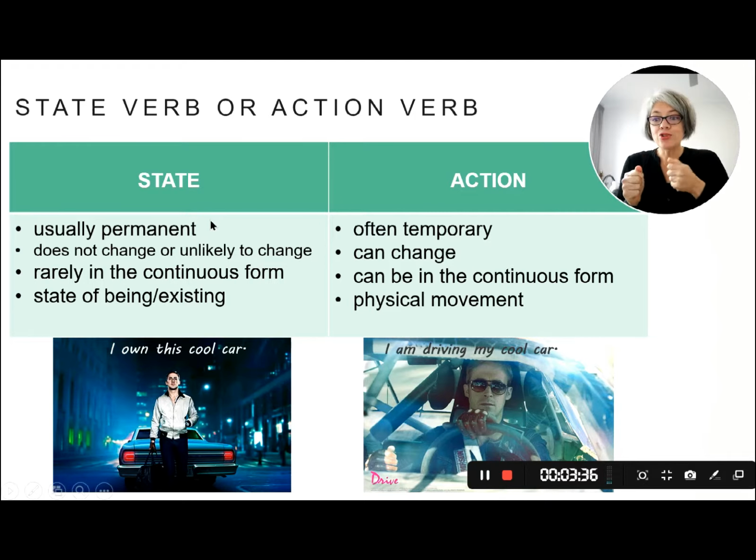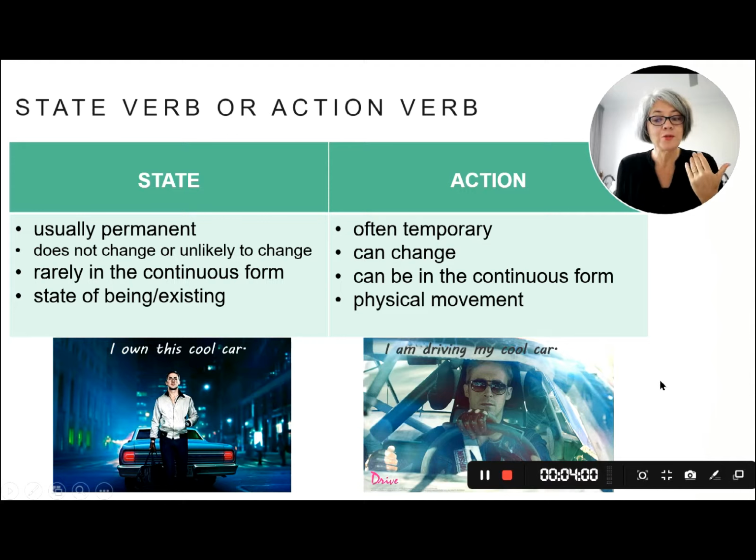But I am driving, I am teaching, you are learning, the rain is falling. These are temporary, shorter actions. They can change, they can be in ing, and they usually suggest physical movement. Not all the time, but usually.